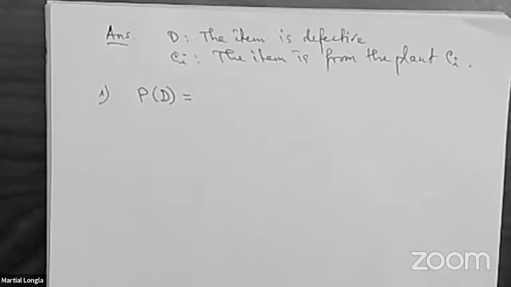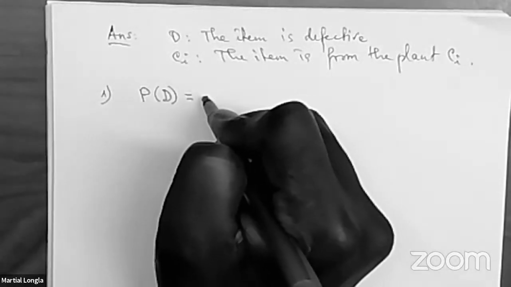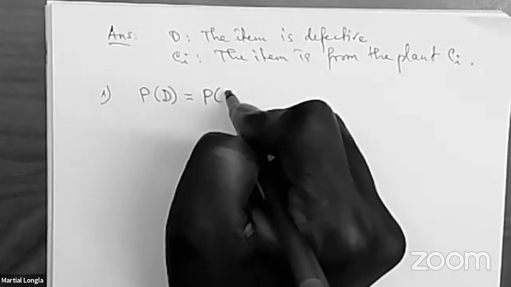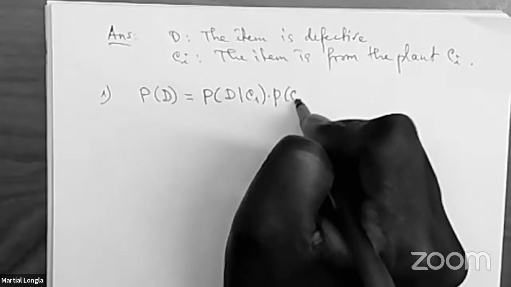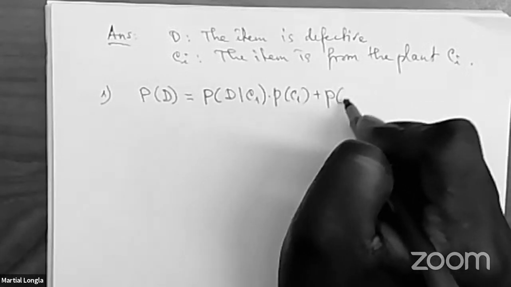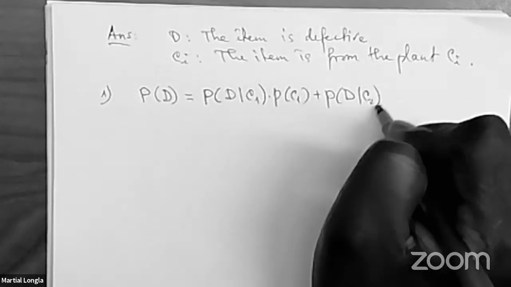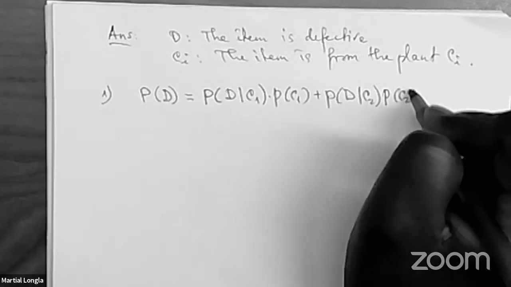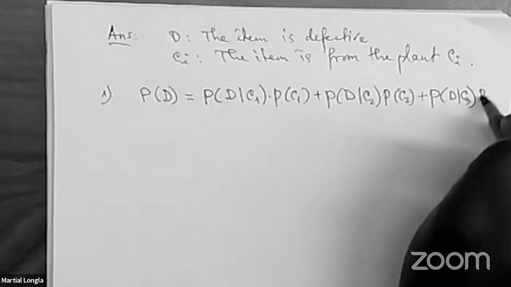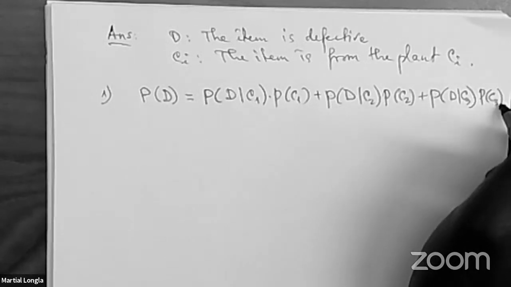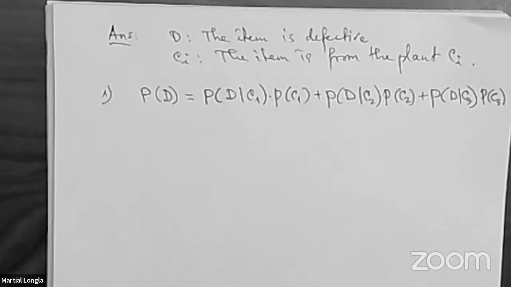So that is going to be P of D given C1 times P of C1 plus P of D given C2 times P of C2 plus P of D given C3 times P of C3. And these are all the things that we need.